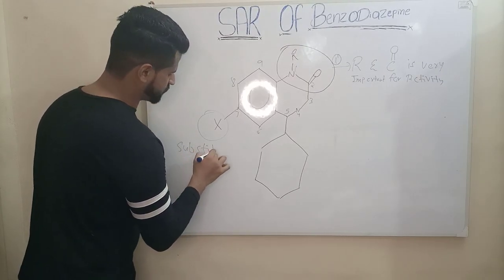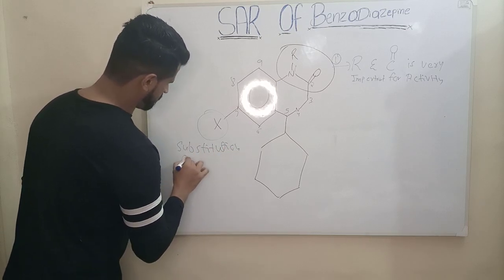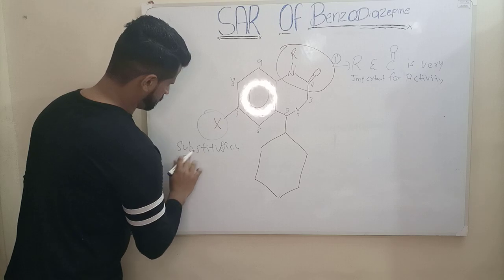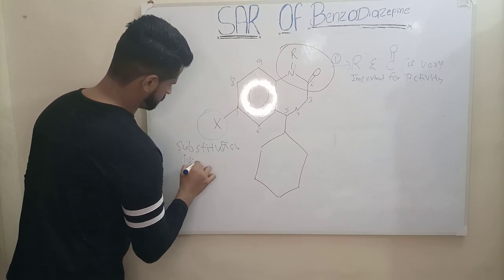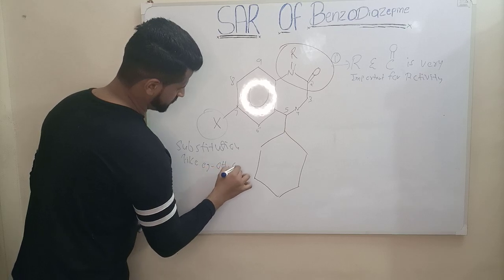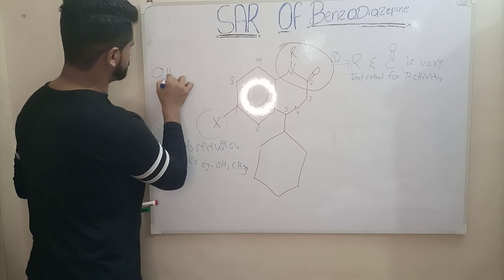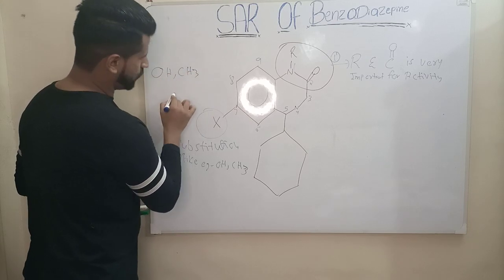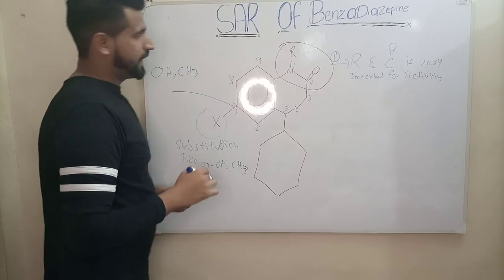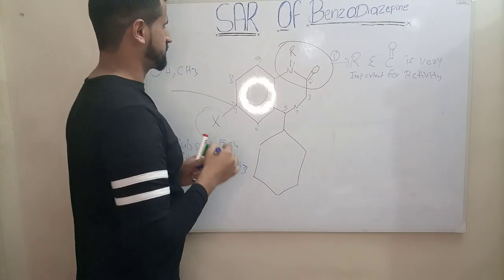Substitution means something is replaced, like any group such as OH or CH3. Any substitution like OH and CH3 at the seventh position is very important for the SAR of the benzodiazepine.